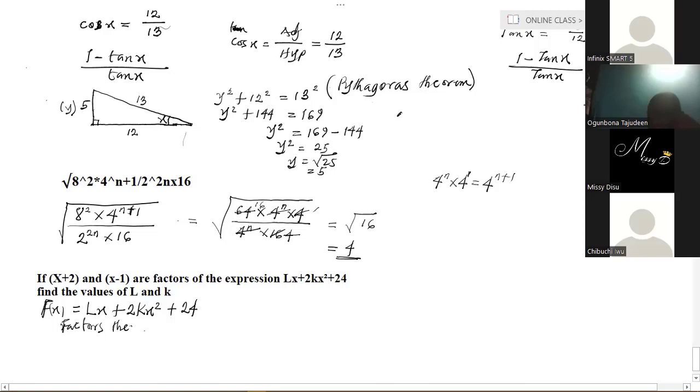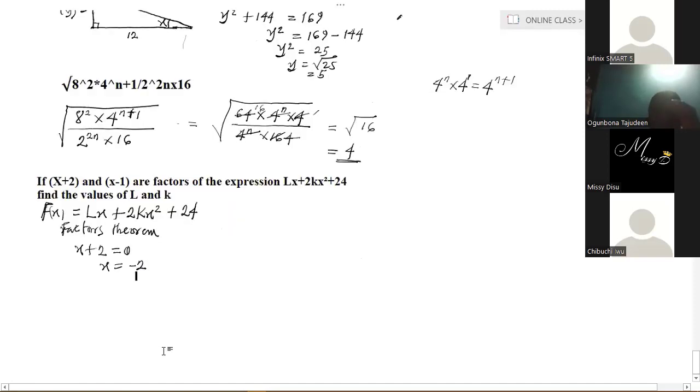Factor theorem. So we take x plus 2 equals 0, so x equals minus 2. Now substitute x equals minus 2 into the function, that is f of minus 2. Wherever you have x in the equation, you put minus 2.